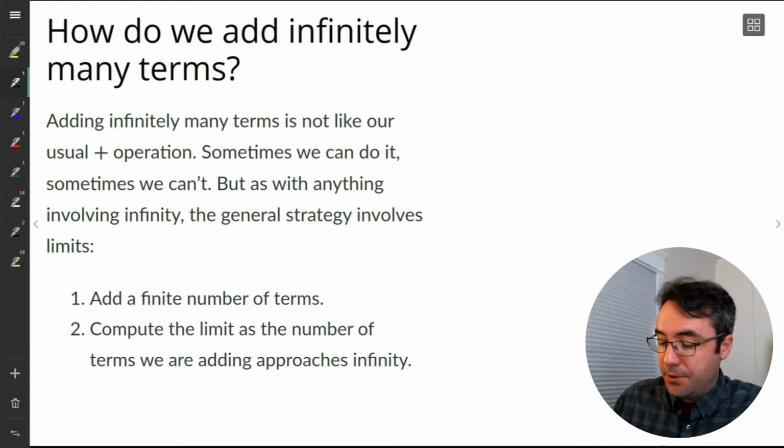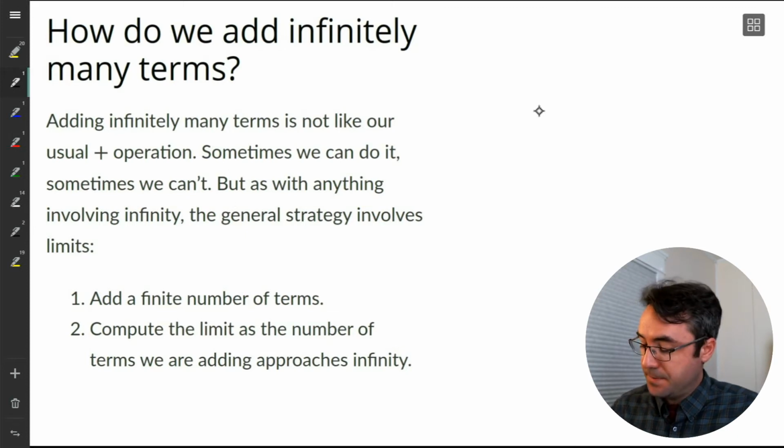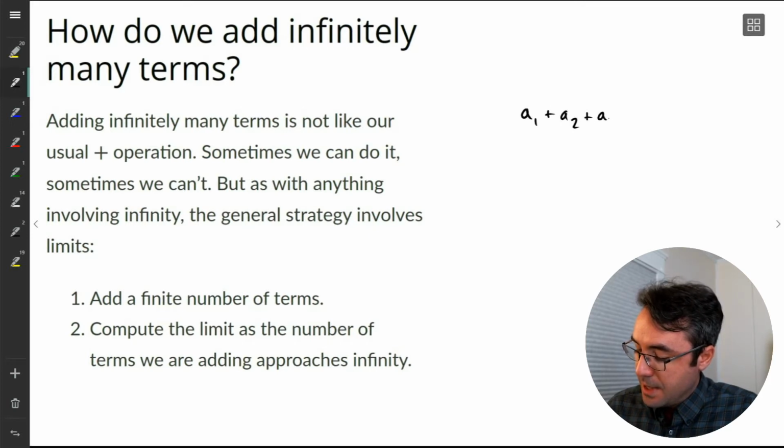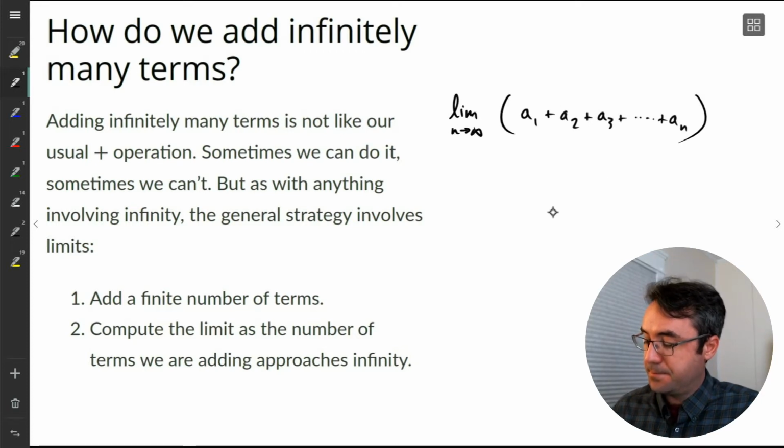How we actually are going to define the sum of a series is we're going to add up a finite number of the terms of our sequence, and then we're going to take the limit as n goes to infinity.